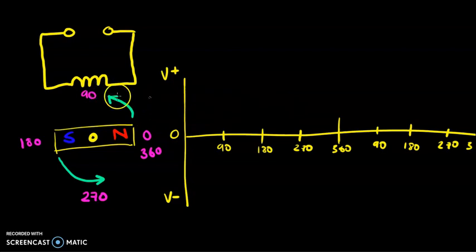So we can make a plot which indicates that at 0 degrees of rotation we have 0 voltage. At 90 degrees we have maximum voltage. At 180 degrees we're back to 0. At 270 degrees we have maximum voltage, and finally back at 360 we're at 0 volts.